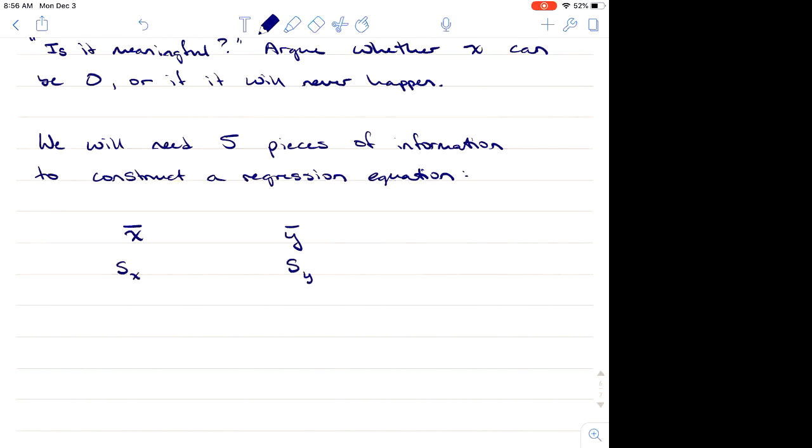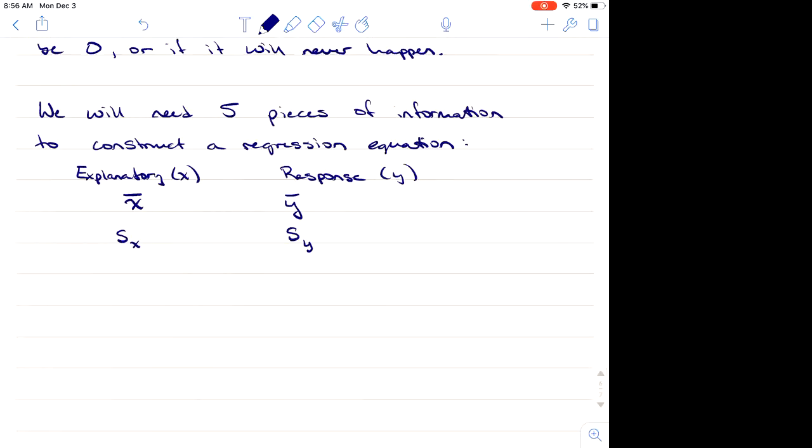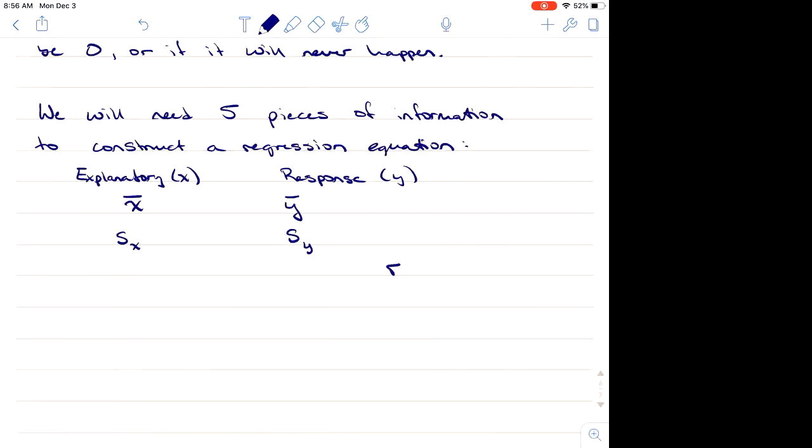And this is why it's so important, right, that I even give you 2 marks for it, that you identify the response and the explanatory variable, right, because Y is your response variable and X is your explanatory variable. And I also need to give you R, the correlation.